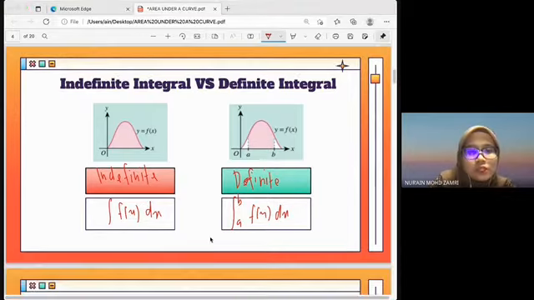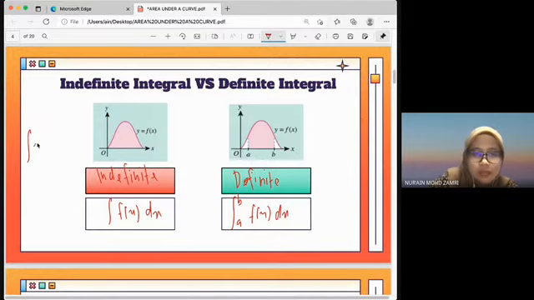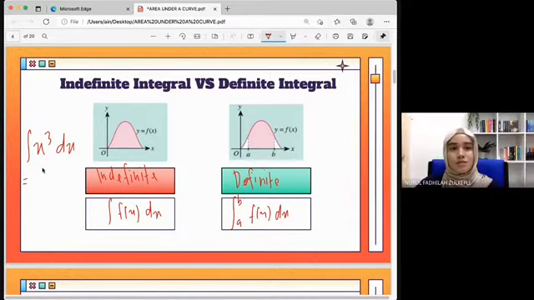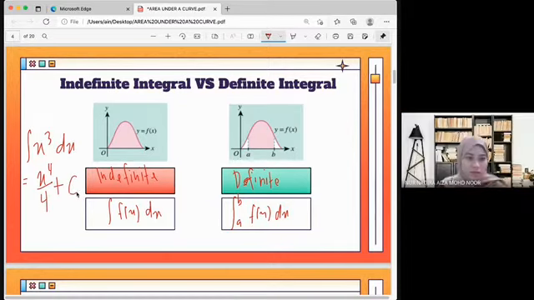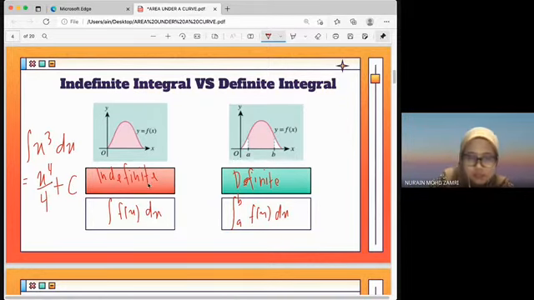For example, for indefinite integral, like x cubed dx, how do you integrate this function? x to the power of 4 divided by 4 plus C. Yes. For indefinite integral, you have to put plus c.